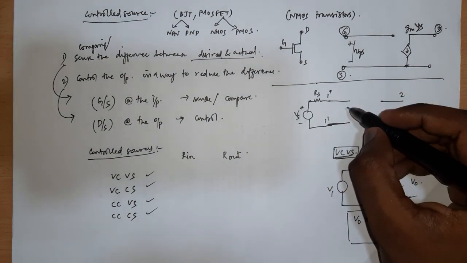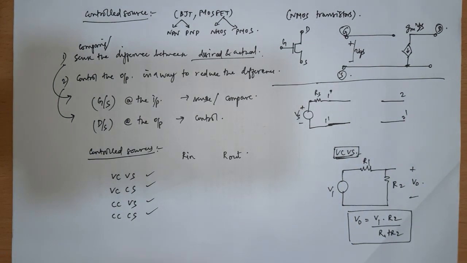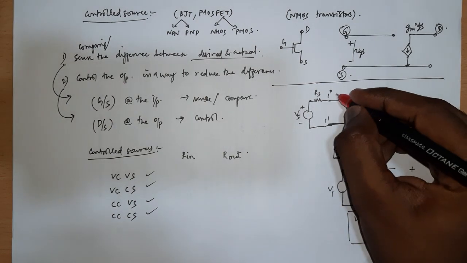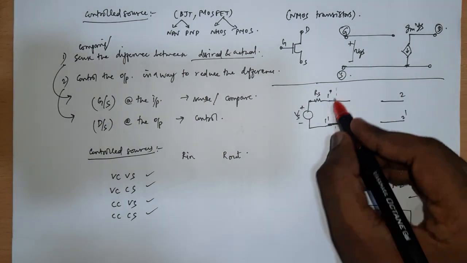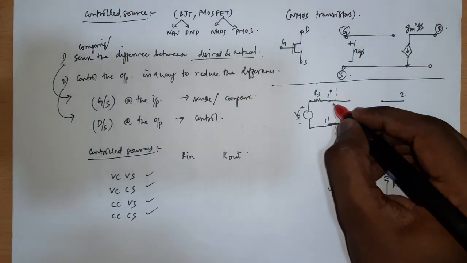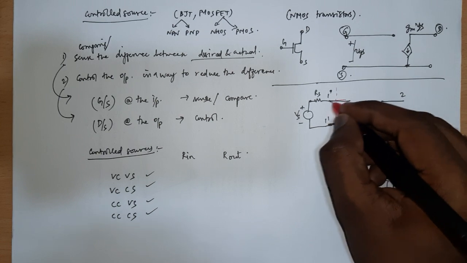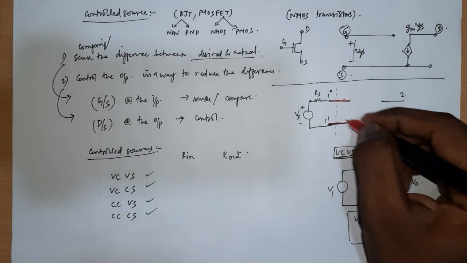Now this port might have some input impedance, and what do we mean by that? We have seen that as far as the port is concerned, you take a cut line, and before connecting anything, this is external connection. As far as port 1 is concerned, these two lines construct a port.